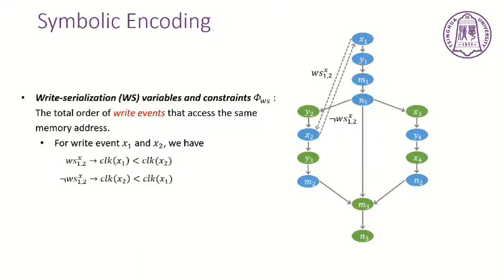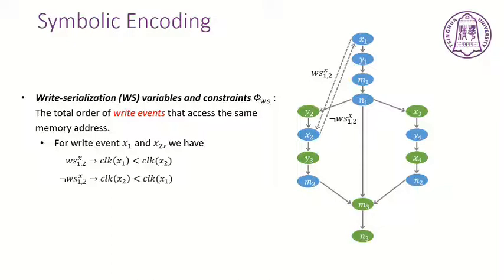Moreover, the write serialization constraint captures the total order between the write events to the same variable. For example, consider the two write events x1 and x2.